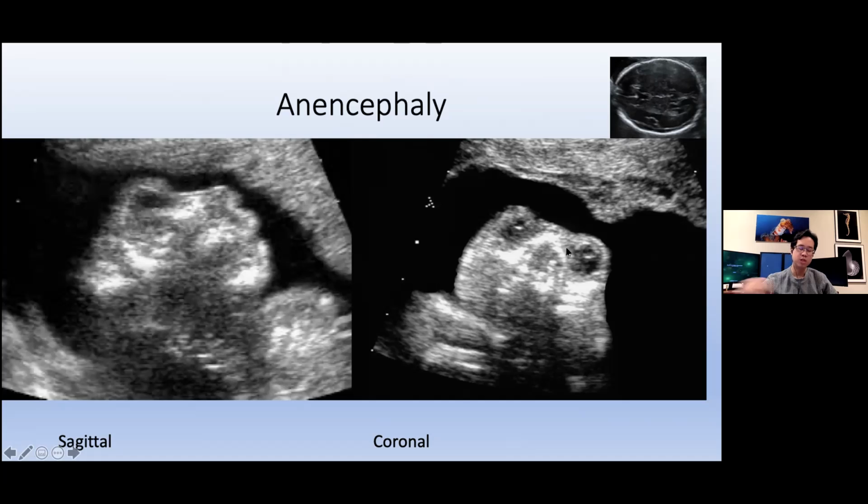Sometimes, depending on when you scan, you may still see the semblance of the fetal skull. But the hint that something is abnormal there is that beyond 11 weeks gestational age, the calvarium will start to mineralize.